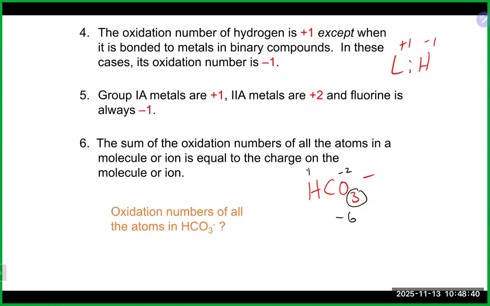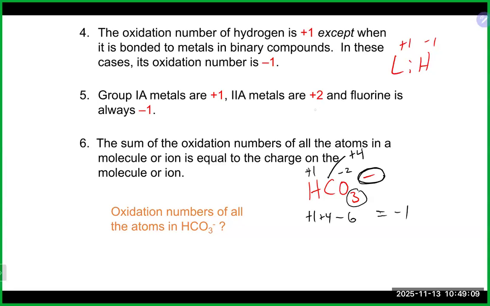Going to the left-hand side, that's hydrogen, which is +1. Now, the bicarbonate equals -1, which means when you add up all of your oxidation numbers, it needs to equal -1. If my math is not too bad, +4 would be the winner for the carbon. +1 +4 is +5, -6 is -1 overall.